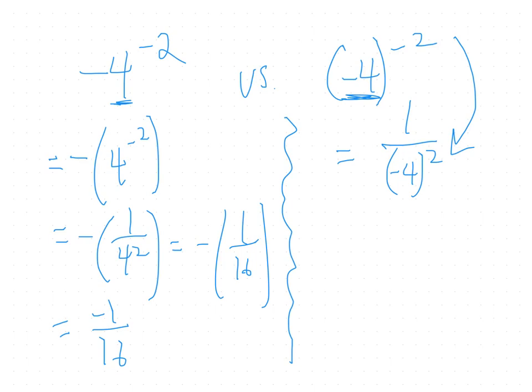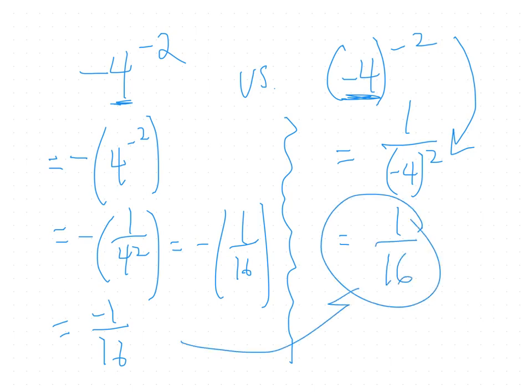On the right, the negative 4 is the base, and that base gets brought down to the denominator. And then when we evaluate, it becomes 1 over 16. So you can see we have different evaluated answers because the base was different. Even though they both had a negative exponent, you need to focus on the base as well.